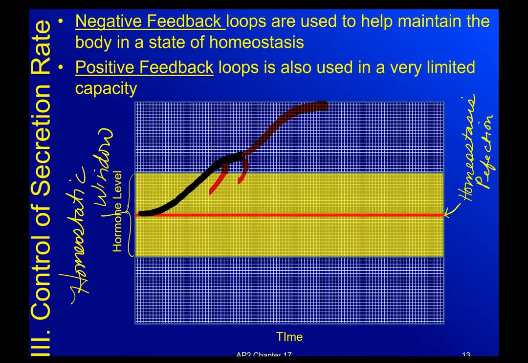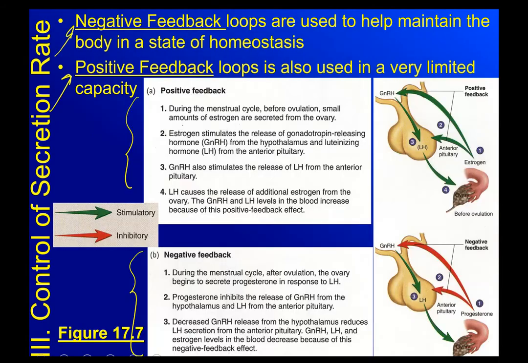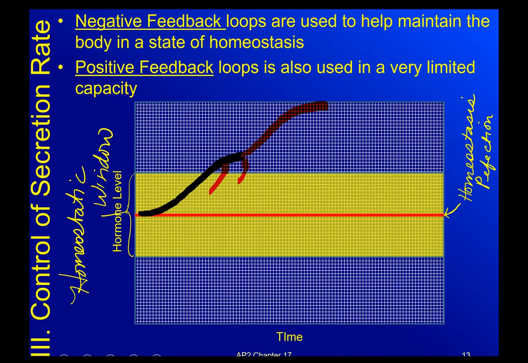Most positive feedback loops in the body kill you. Okay? The example that's on this page here and childbirth are two of the only examples that I know of that don't kill you. So when it comes down to it, negative feedback decreases the deviation from homeostasis.